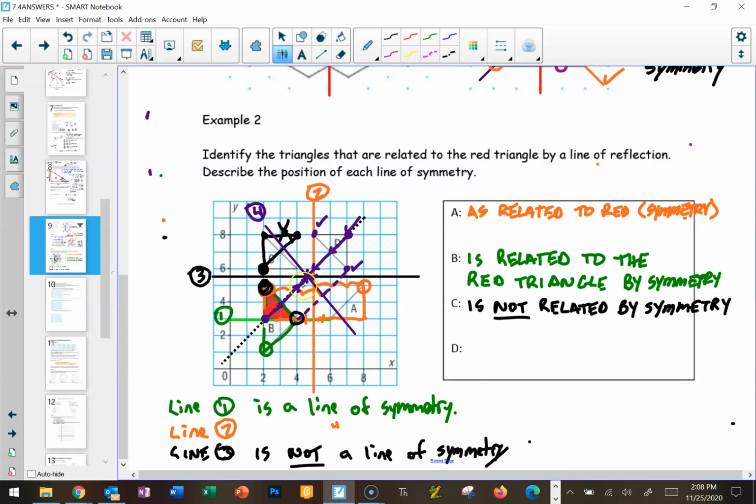If we were to take a piece of paper, and there's the fold line, and this triangle was drawn here away from the fold line, and then folded all the way over to the other side, all of these points would match up perfectly with triangle D, and this line here would end up perfectly there, and this line here would end up perfectly there. So the fold on this one is actually going to work perfectly, which means D is related.